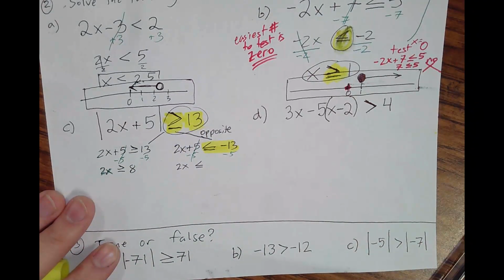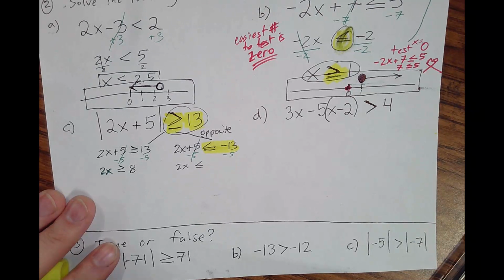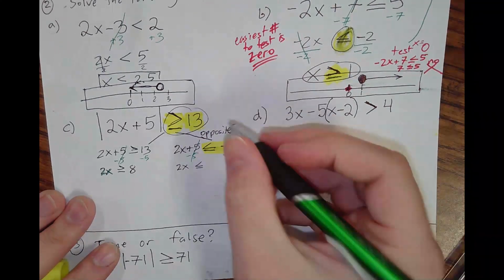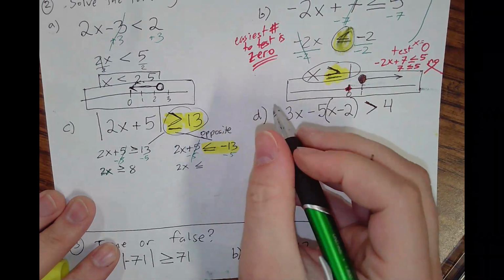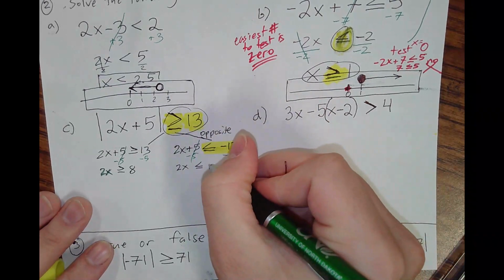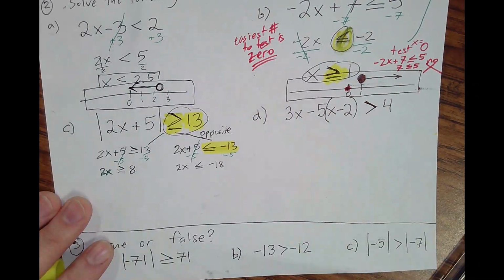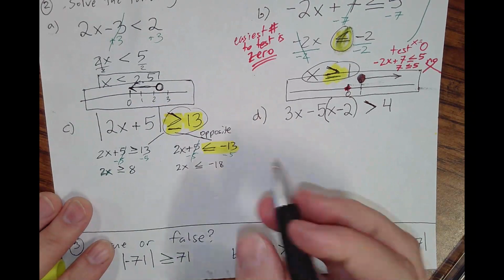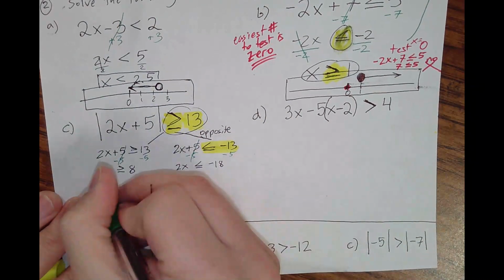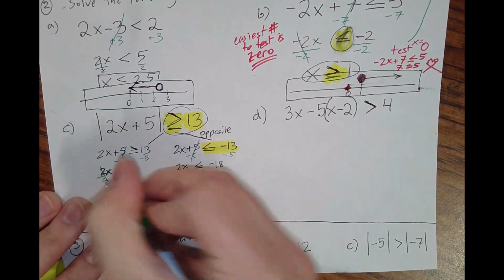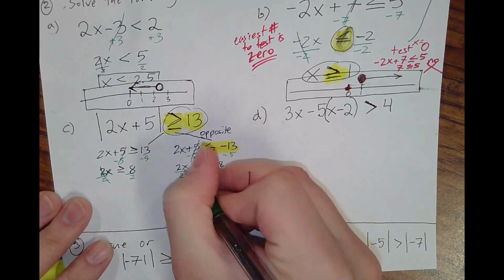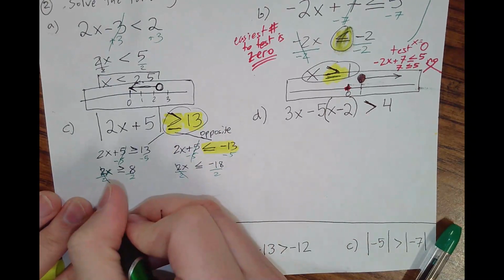We have negative 13 minus 5. That'd be negative 18. And solving, we're going to divide by 2 to both sides.